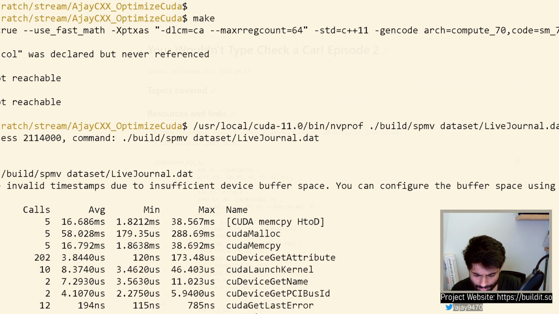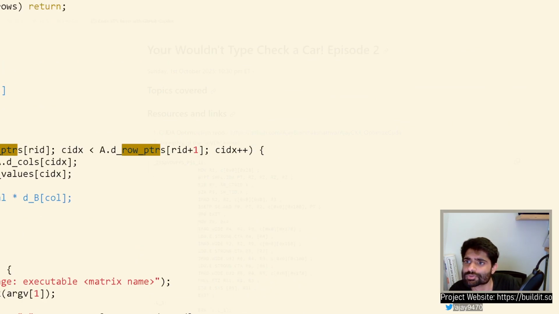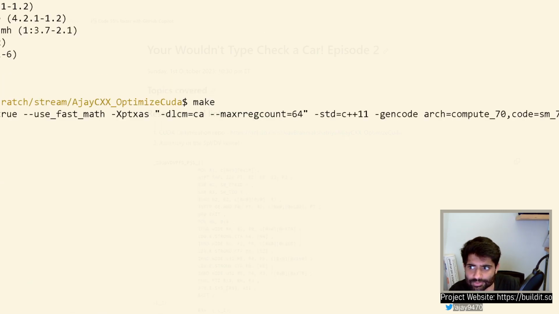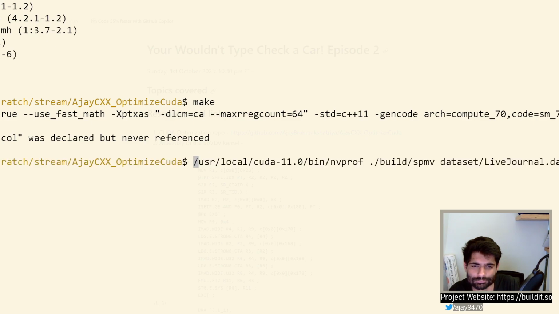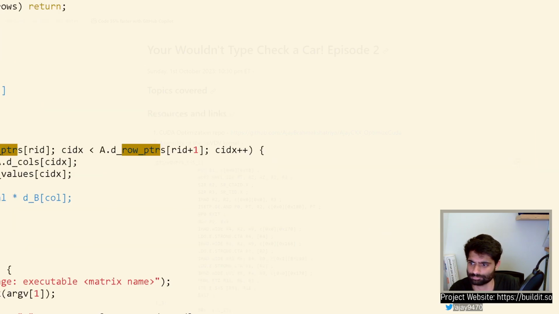Okay, I think that the R of CID, the B of RID, is causing the issue. It's here. This runs correctly. Am I right? No. What?